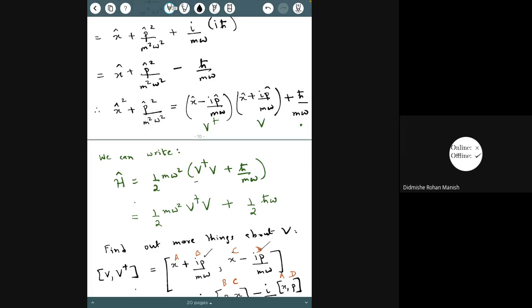And this has a great physical significance. I didn't give it a name before, but this is basically the zero-point energy of the harmonic oscillator. So the ground state cannot be a zero energy state for a harmonic oscillator. It has a minimum energy of half h cross omega.